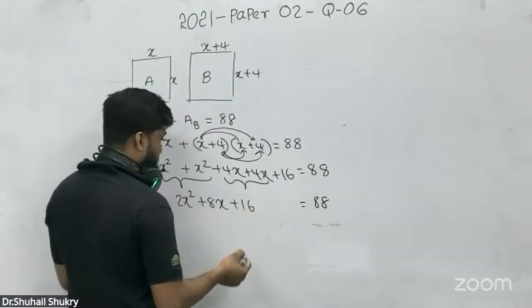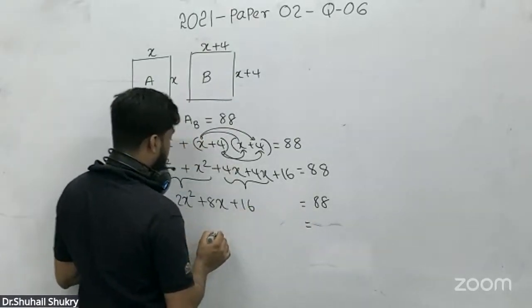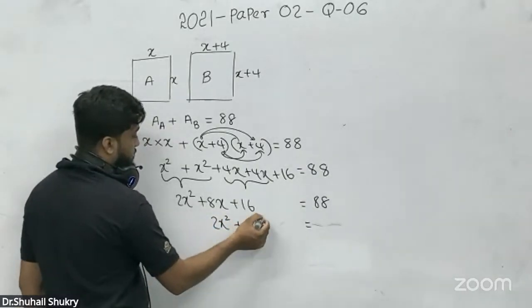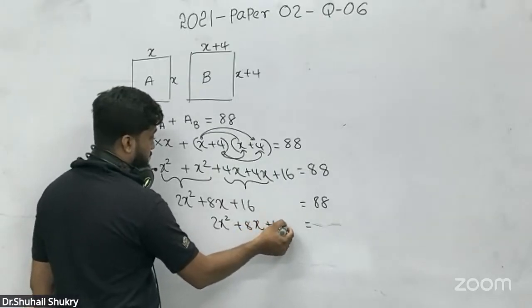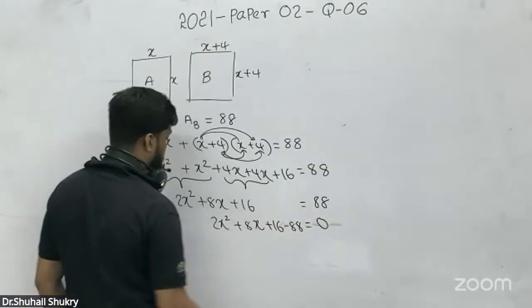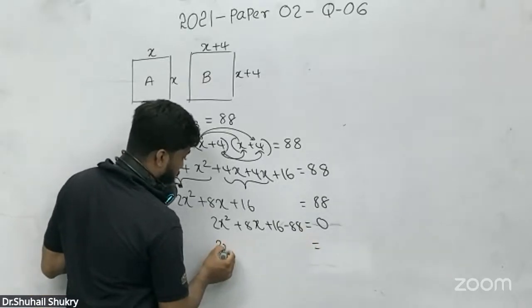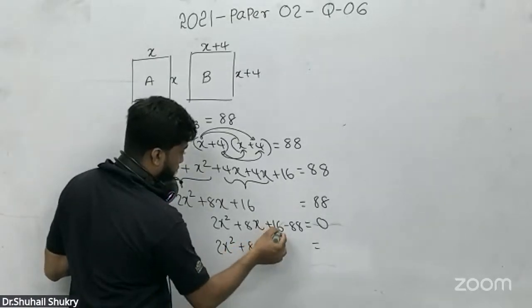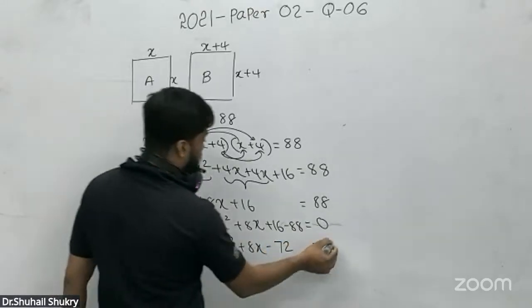Take the 88 to this side: 2x squared plus 8x plus 16 minus 88 equal to 0. Then finally I will get 2x squared plus 8x minus 72 is equal to 0.